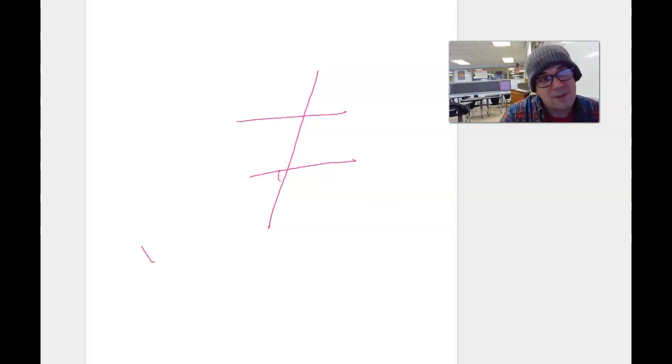If I were talking about the angle down here, if this were a little map and I slid it up over here, this angle would land here. Those are corresponding angles. And what I hope is also clear is that corresponding angles, when these lines are in fact parallel, will be congruent. I want you to know this is what corresponding angles look like. I want you to know they're congruent.